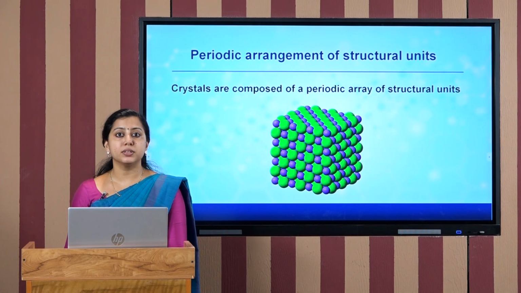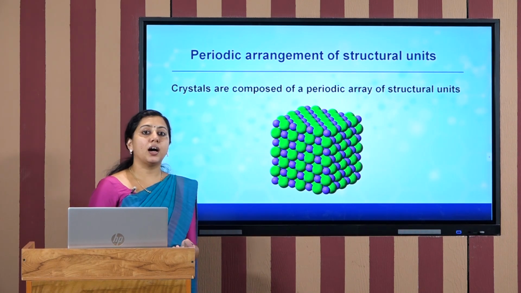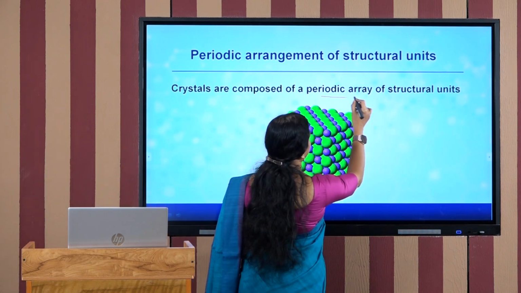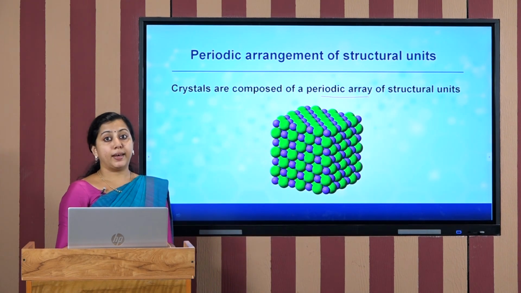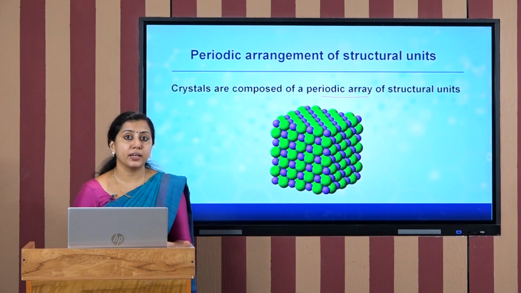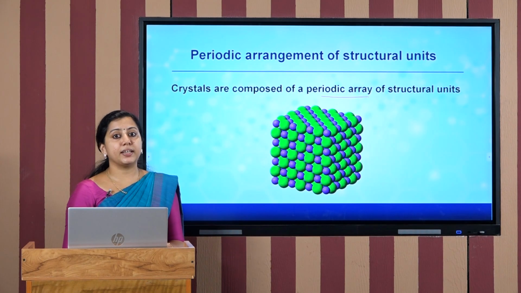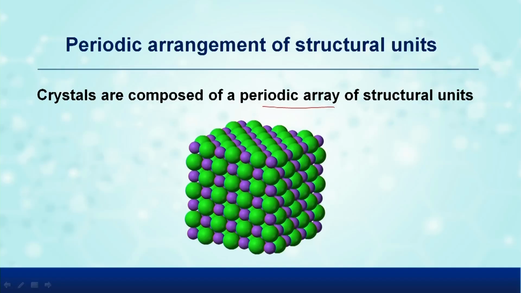Or in other words, we can say that crystals are composed of a periodic array of structural units. And what is meant by a periodic array? In this figure, you can see that the two types of atoms represented in purple and green color are arranged in a regular repeating pattern.